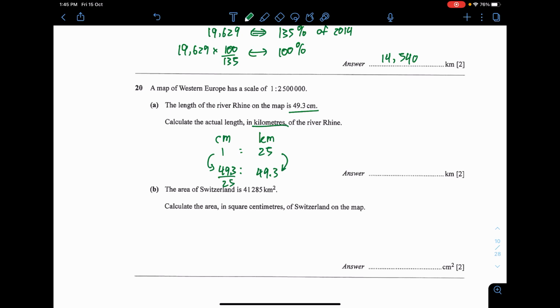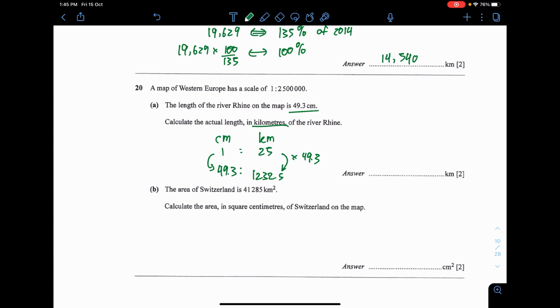That will be in centimeters. Oh, wait a minute. The question tells you about 49.3 cm. So this one is multiplied by 49.3. Also multiply by that. We're going to get 1232.5.